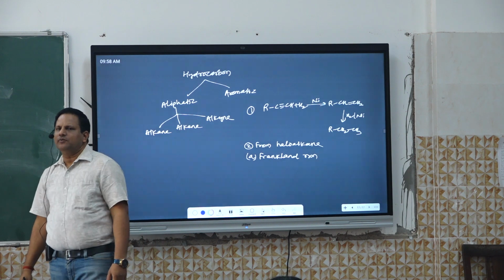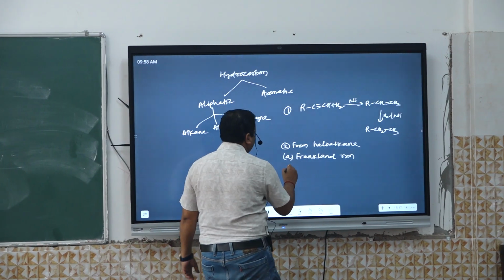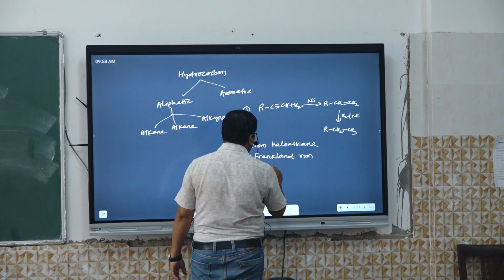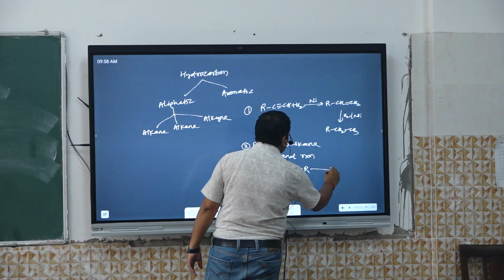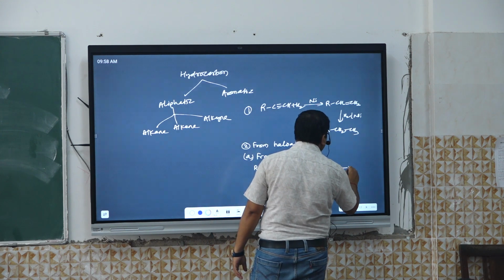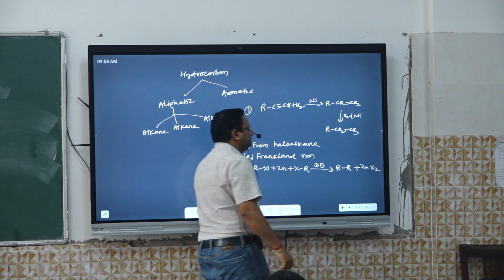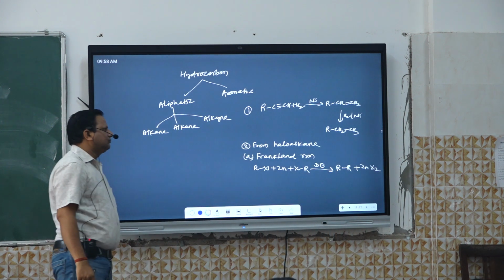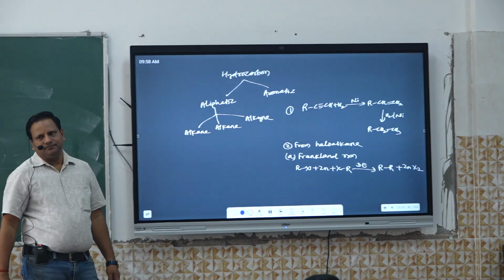Haloalkane in the presence of metal zinc, in dry ether medium, it gives higher alkane along with zinc halide. This is the second method.